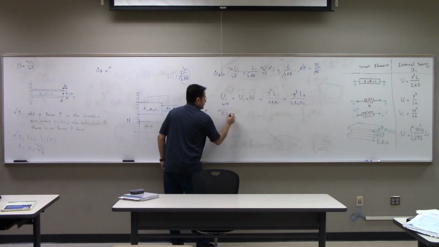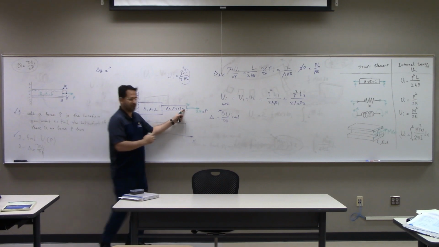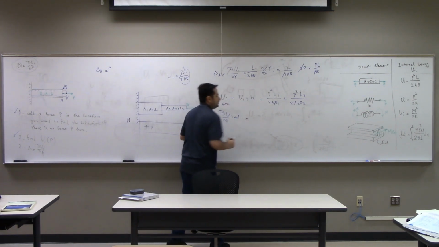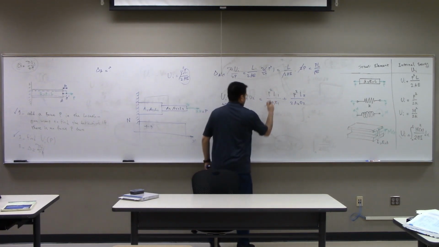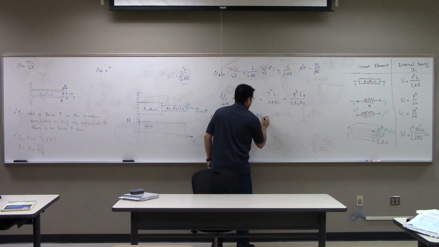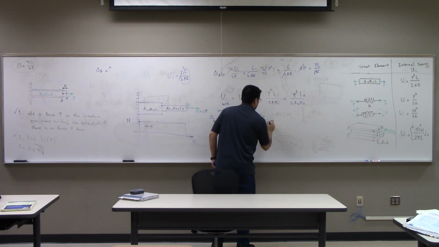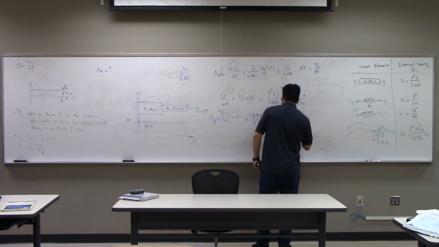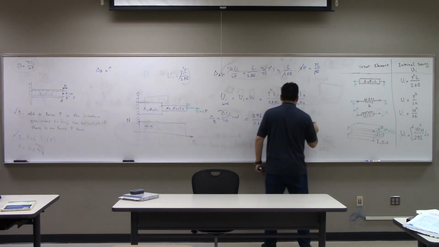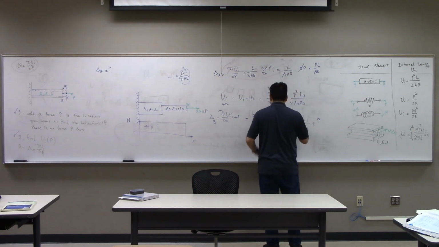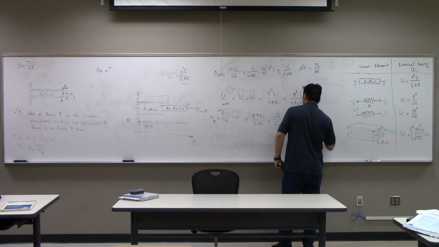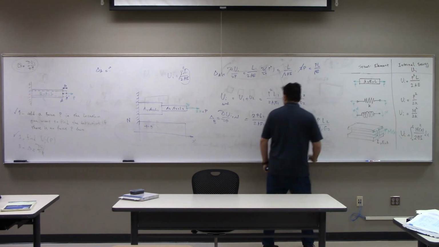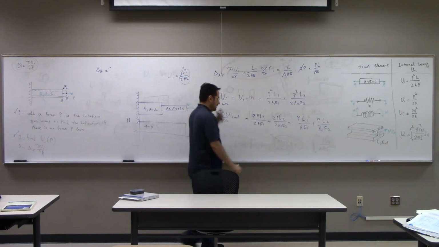The derivative of U total with respect to P is my deflection at the point where P is applied, which is delta B. That is equal to, take the derivative, so you get 2PL1 over 2A1E1 plus 2PL2 over 2A2E2, and that gives you PL1 over A1E1 plus PL2 over A2E2. The 2s cancel out.